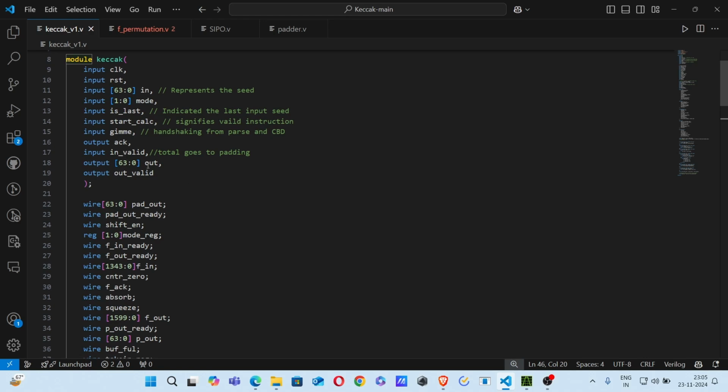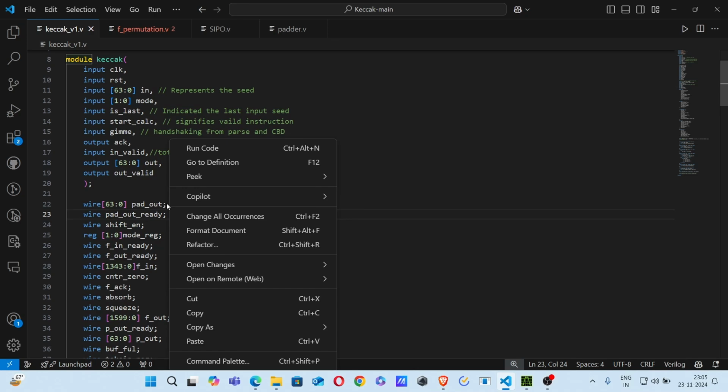There is a 64 bit output. There is an output ACK to the previous input module to say that it has successfully taken in the input. And there is an output out valid. Out and out valid are given to the sampling unit following the Keccak module.